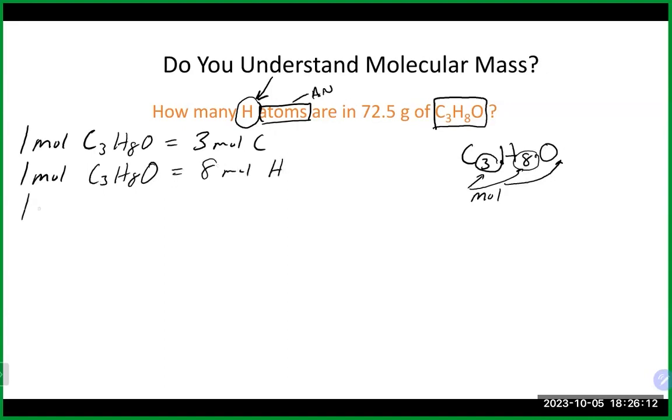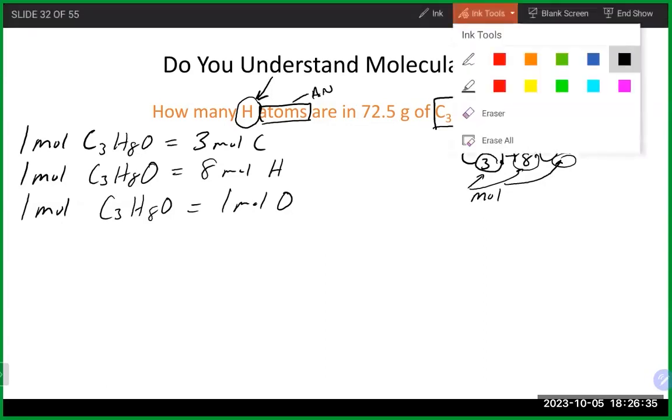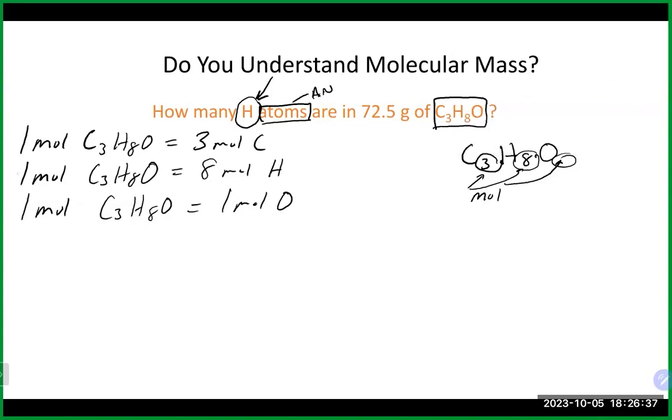And 1 mole of the entire thing would get me 1 mole of oxygen, which obviously has no number written there. So we could use the formula itself as a conversion factor to go from the whole thing to whatever element we're interested in. In this problem, we are interested in hydrogen, so we would be interested in this relationship here.